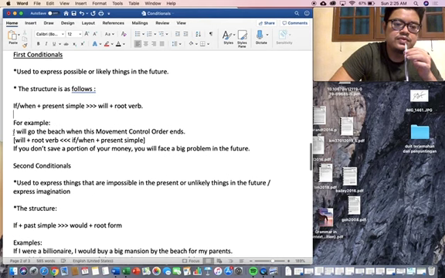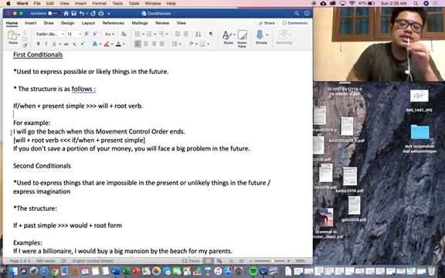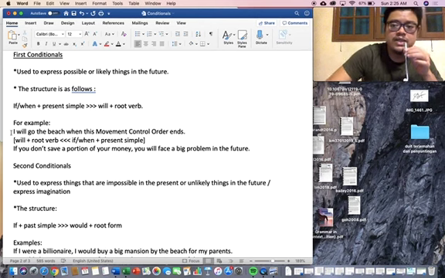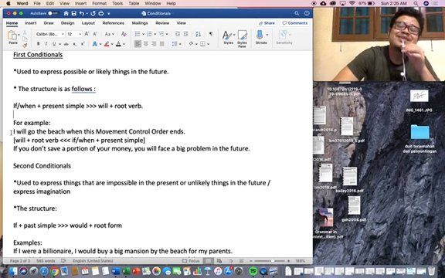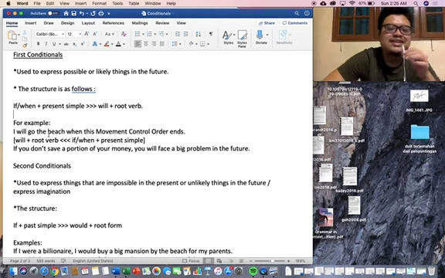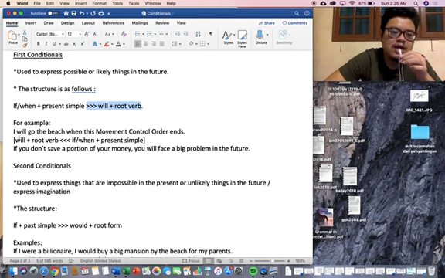So let's go through here, and remember what I said earlier, that you can rearrange the order of the sentence. So you can actually put the consequence first. So I will go to the beach when this movement control order ends. So I will go, right?